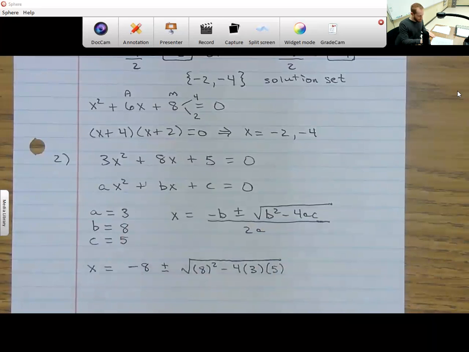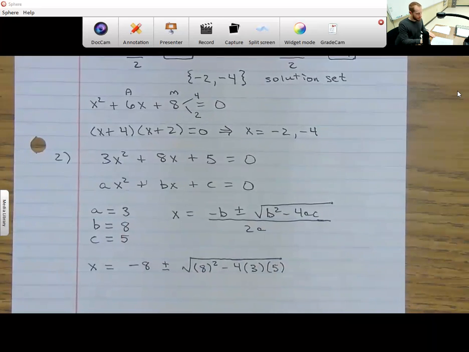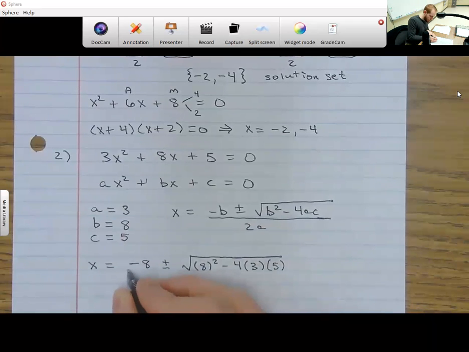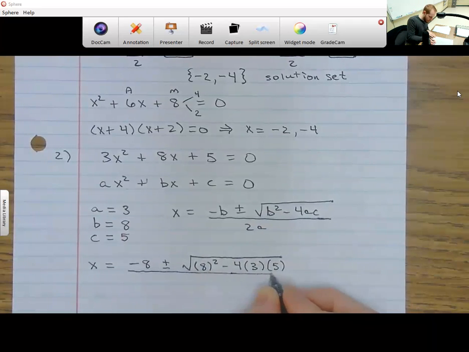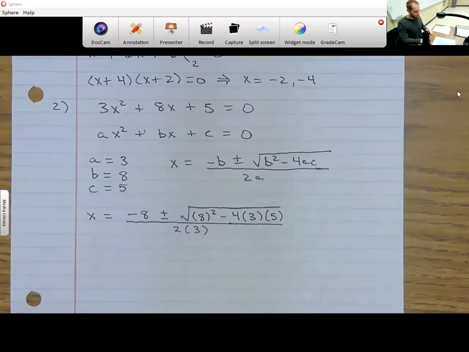Good. And now we're going to divide everything by 2 times a, where a is 3. So I'm going to have 2 times 3 at the bottom. Okay. So now I plugged in all my numbers, a, b, and c. And now we just simplify a little bit, starting with the radical first, because that's where we have the most things that we can simplify.